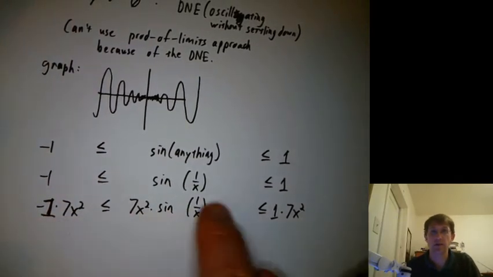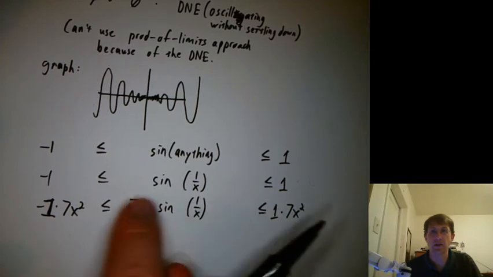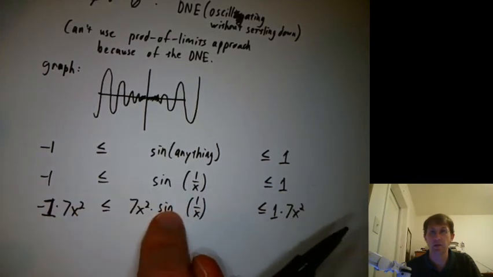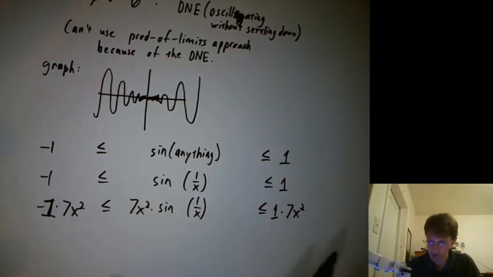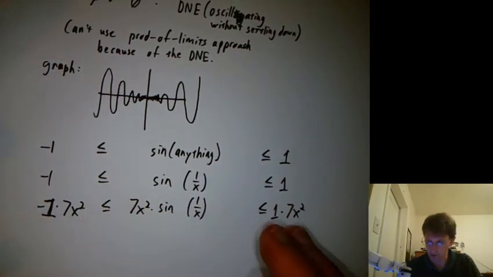Well, if these three things are in this inequality, then the limit of this one has to be less than or equal to the limit of this one, which has to be less than or equal to the limit of this one. So I can take the limit of each part.